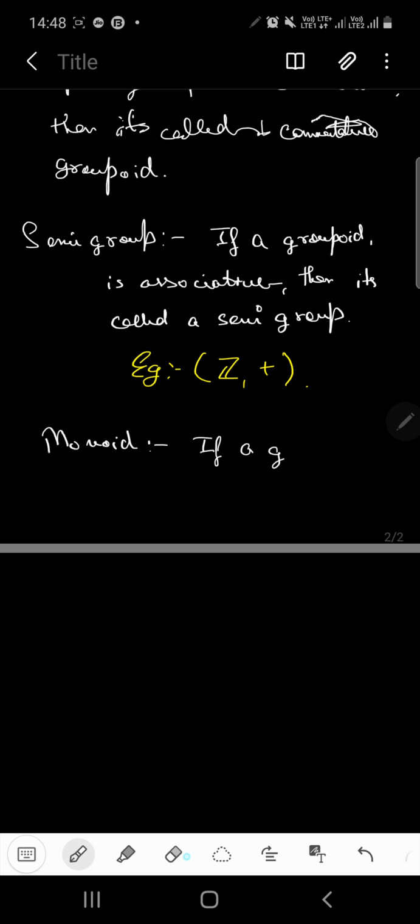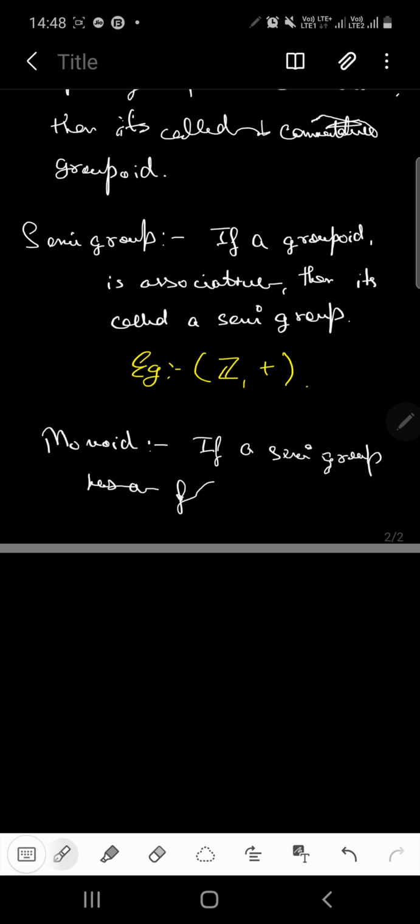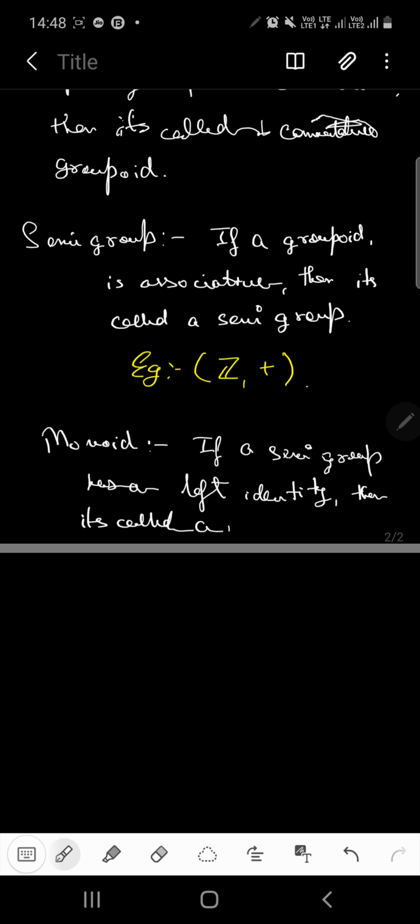If a semigroup has a left identity, then it's called a monoid.